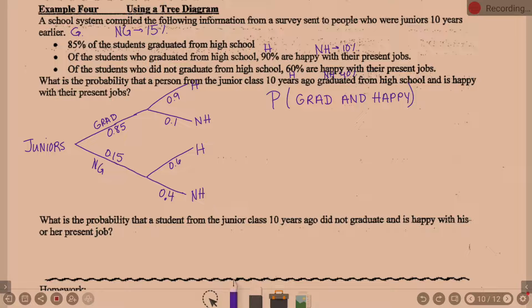Multiply. That's going to be multiply, right? When we look at this, we're going to look at the probability of graduating, and then we're going to multiply it by not just the probability of happy, because we have two different happy categories, don't we? So the probability that they are happy given, remember this from yesterday? Given that they graduated. Those are the two probabilities that we're going to multiply.